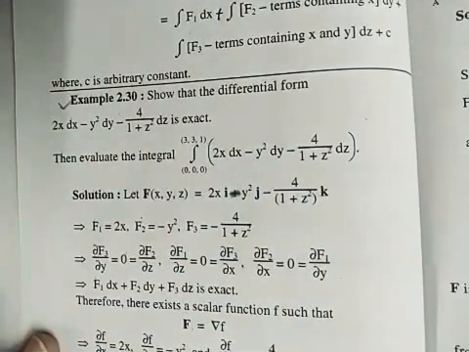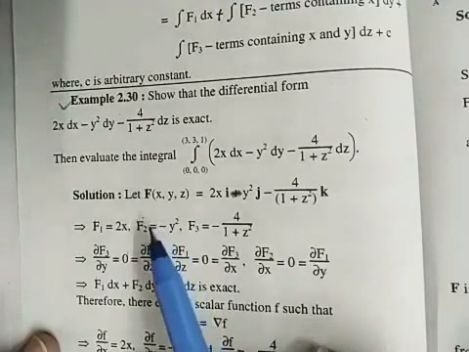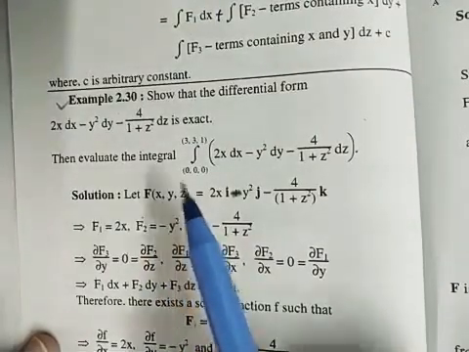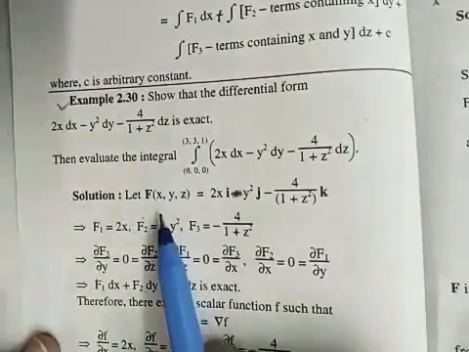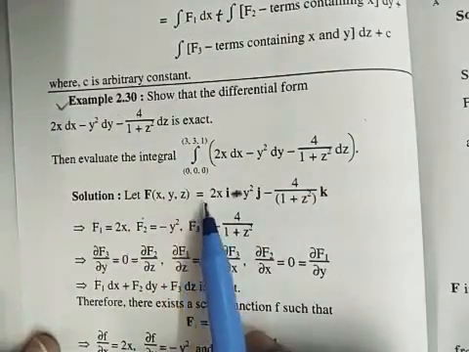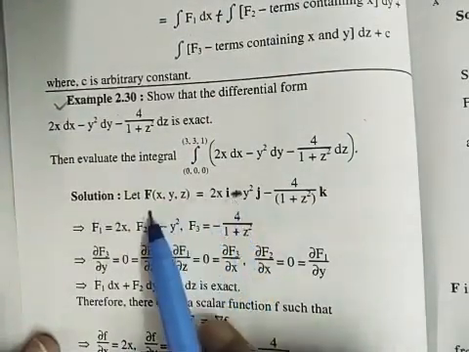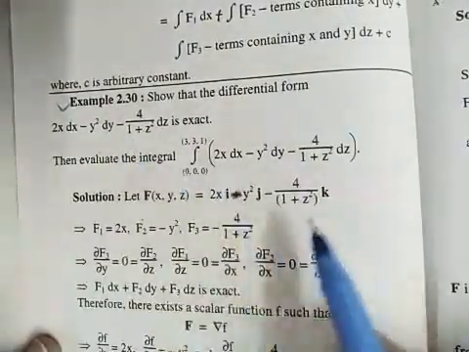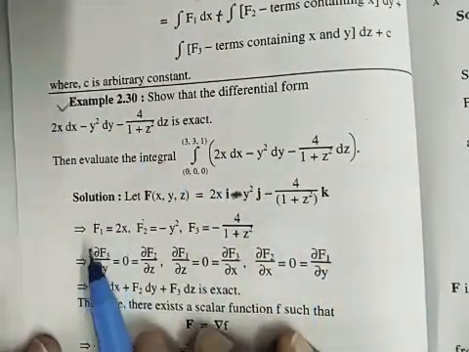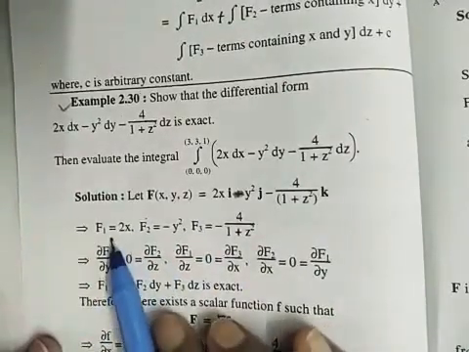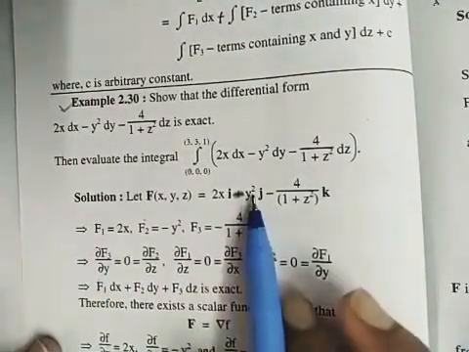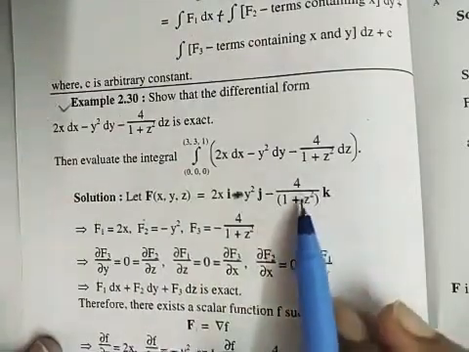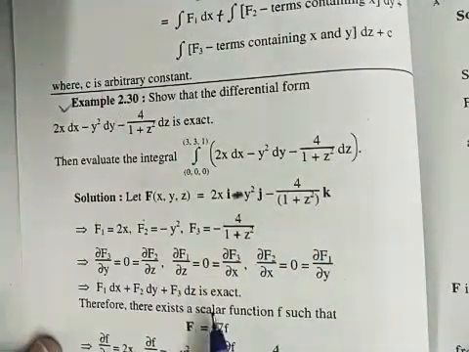So first let us take F(x, y, z) as 2x i minus y square j minus 4 upon 1 plus z square k. So from this, F1 is 2x, F2 is minus y square, and F3 is minus 4 upon 1 plus z square.